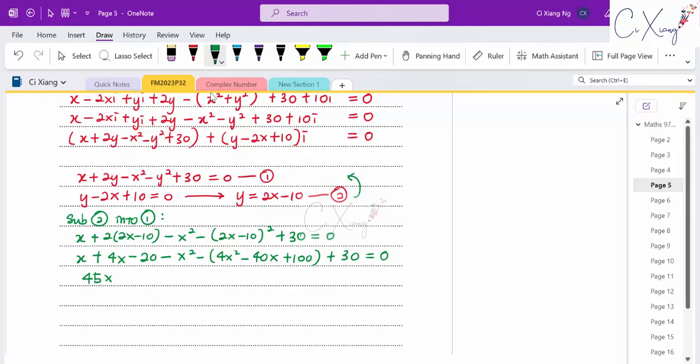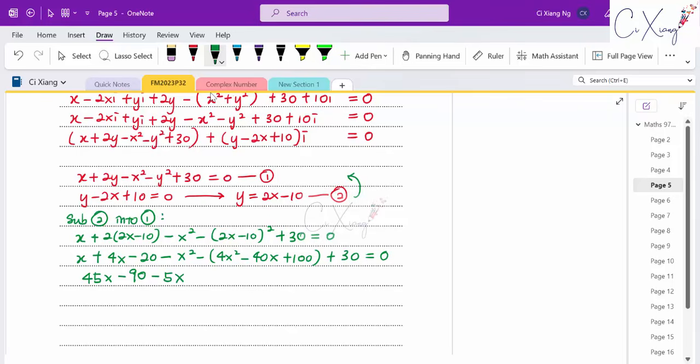Negative 20 minus 100 plus 30 gives negative 120 plus 30, which is negative 90. Then for the terms with x squared, I have negative x squared and negative 4x squared, which give negative 5x squared.